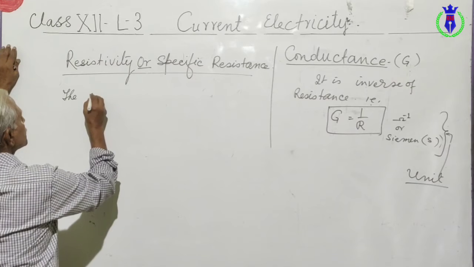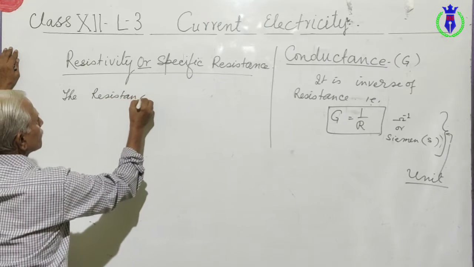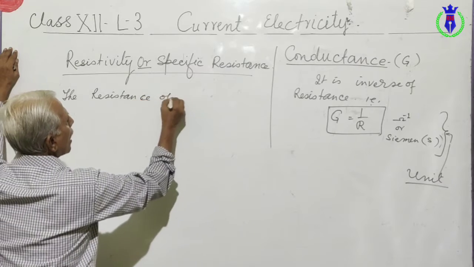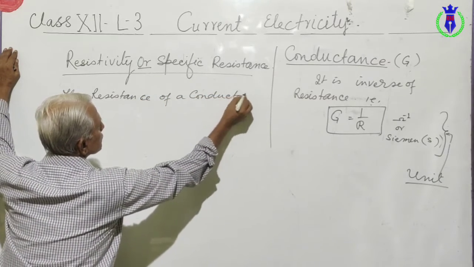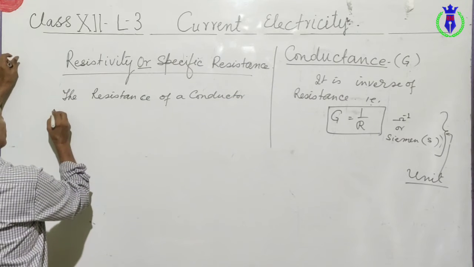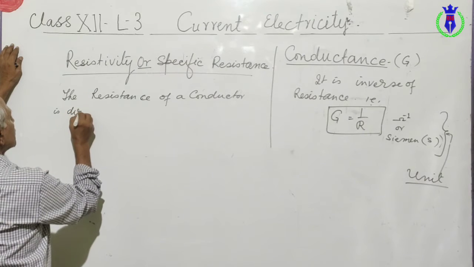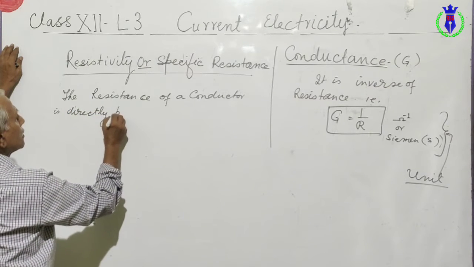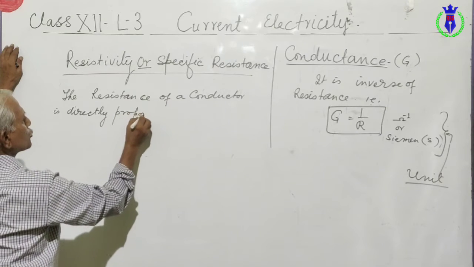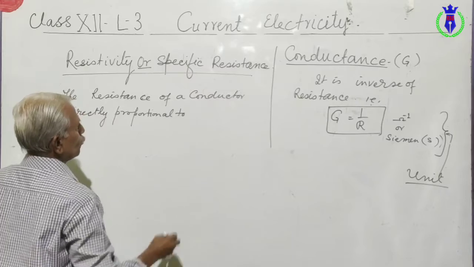The resistance of a conductor is directly proportional to length.